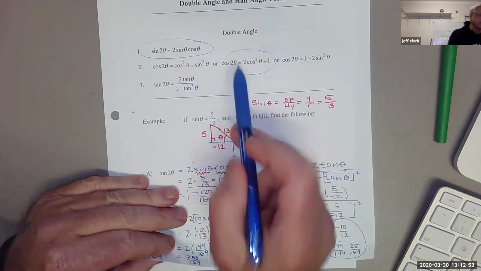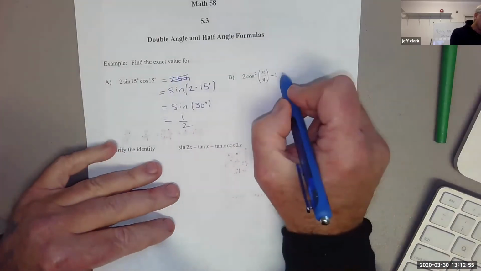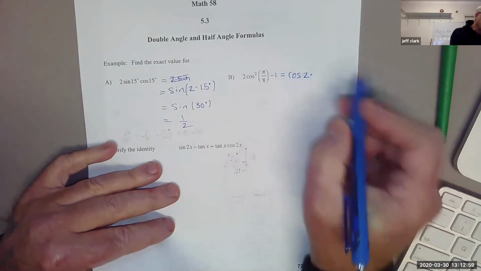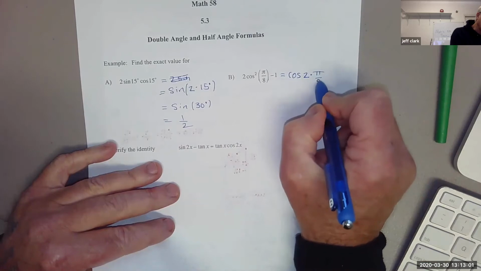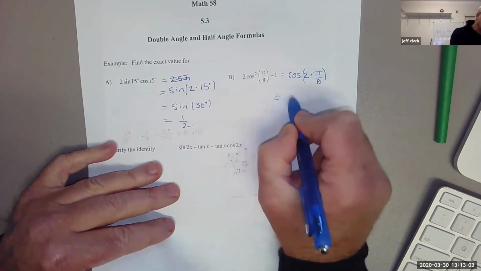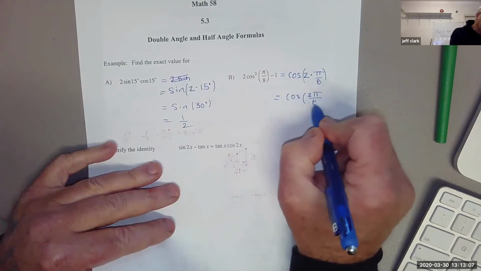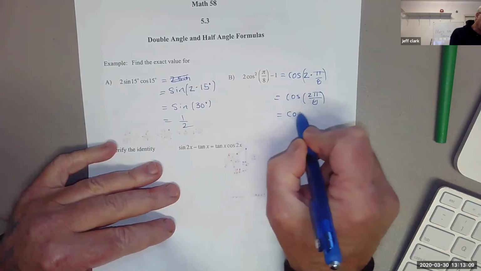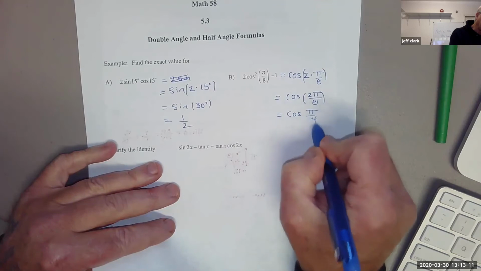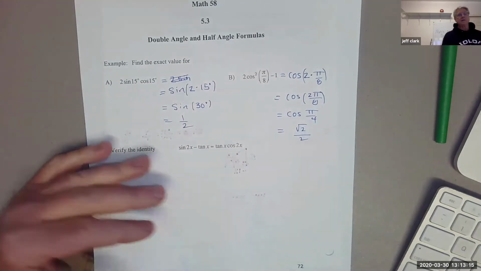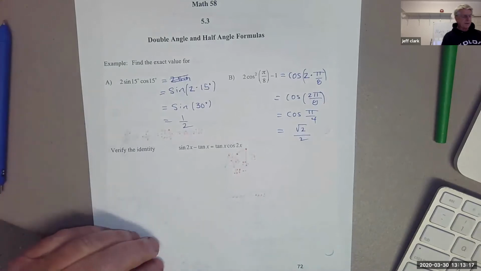So I get to rewrite that as cosine of 2 times whatever the theta is. Oh, and theta is pi over 8. Yeah, I know that answer. That's root 2 over 2. So you get some of those problems where you have to use it that way as well.